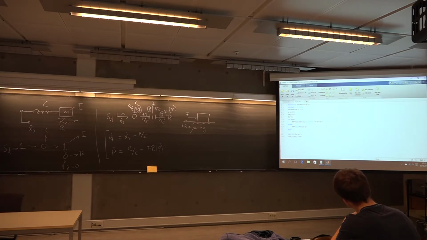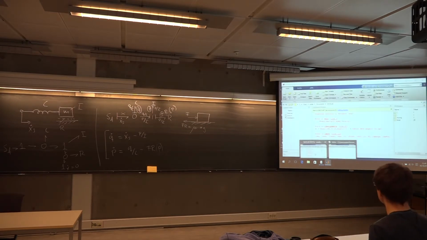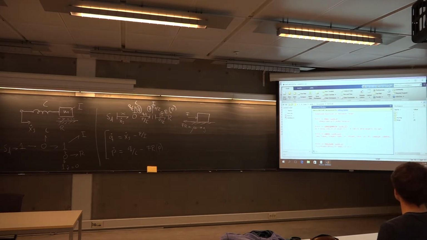So I save this one, and we try to run it, say for 20 seconds. Something is wrong here. Undefined function sine?